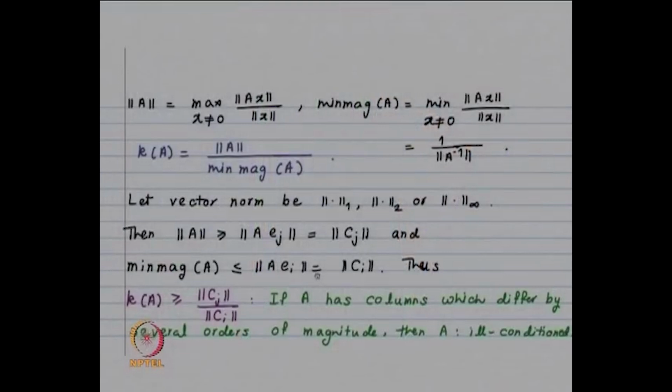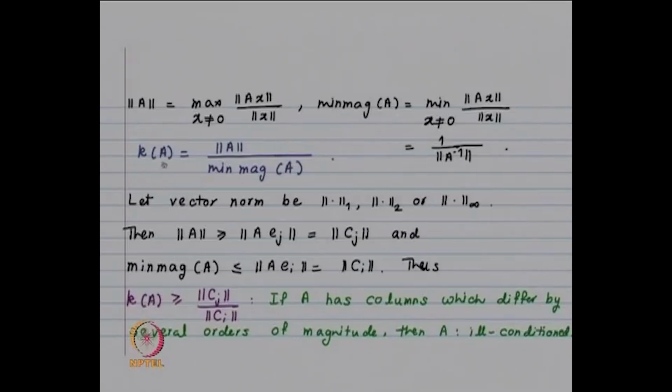You choose the vector norm to be either 1 norm, 2 norm or infinity norm. The condition number of A is going to be norm A into norm A inverse, and we are going to show that norm A inverse is 1 upon the minimum magnification.